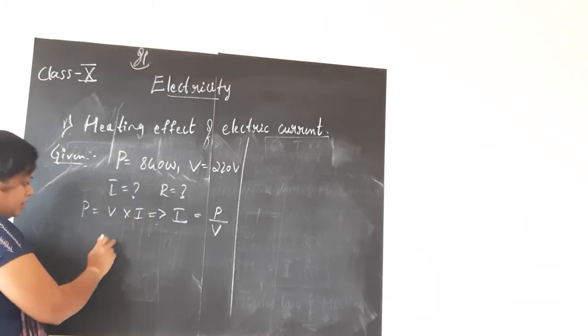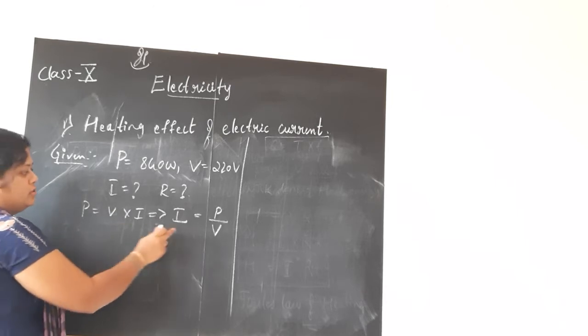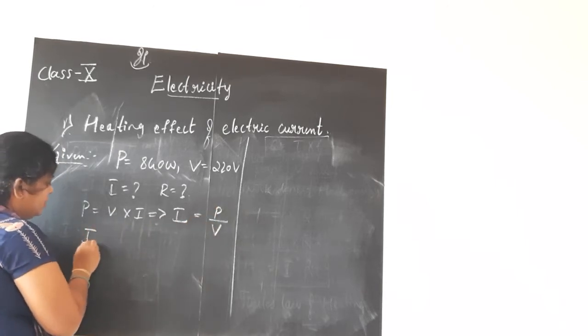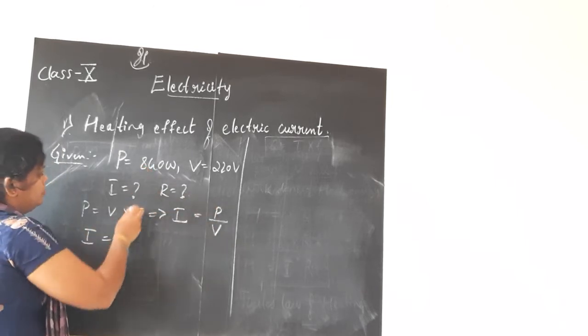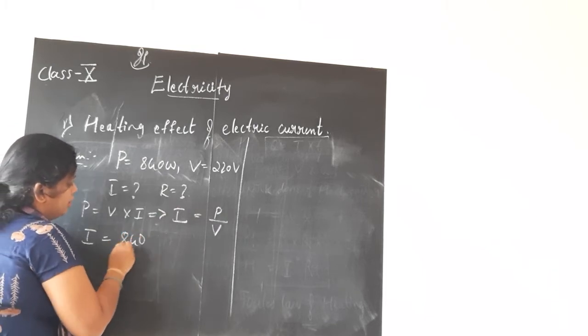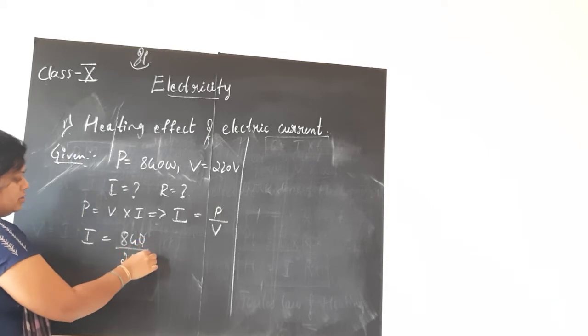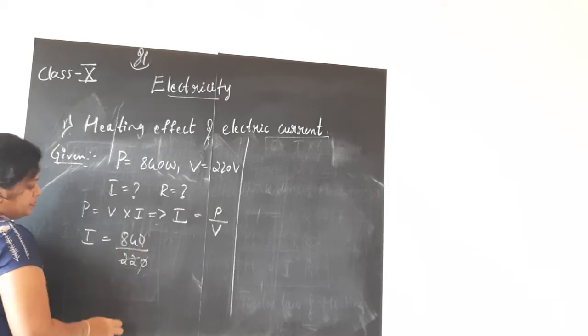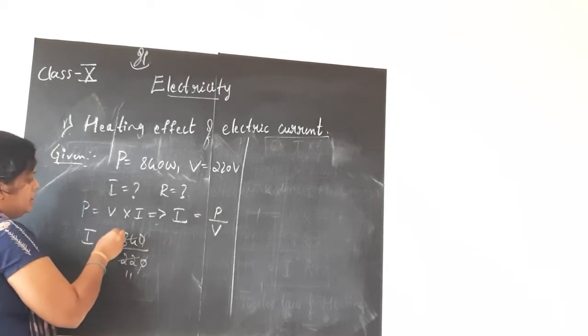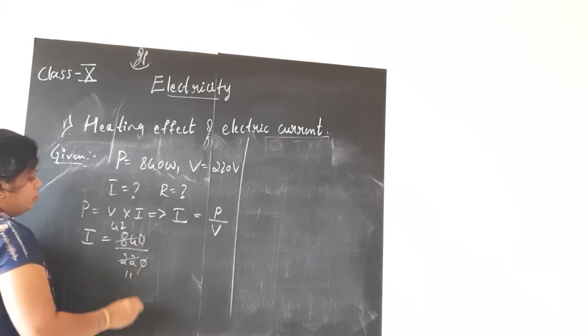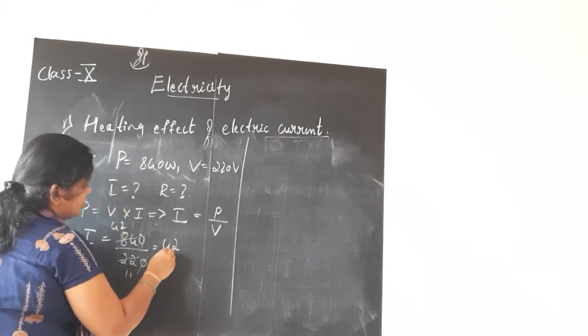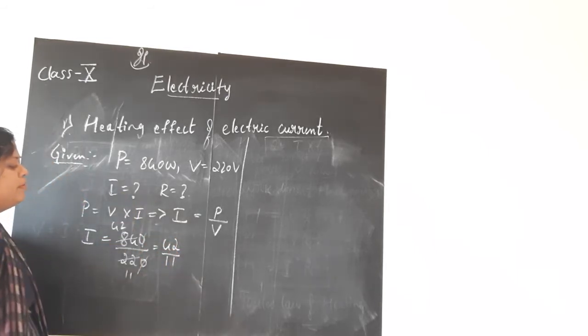V is a product, so when you send it to the LHS you divide. So I is P divided by V. Let me substitute the values. P is 840 divided by voltage 220. 0, 0 gets cancelled. 84 by 22, 42 by 11.